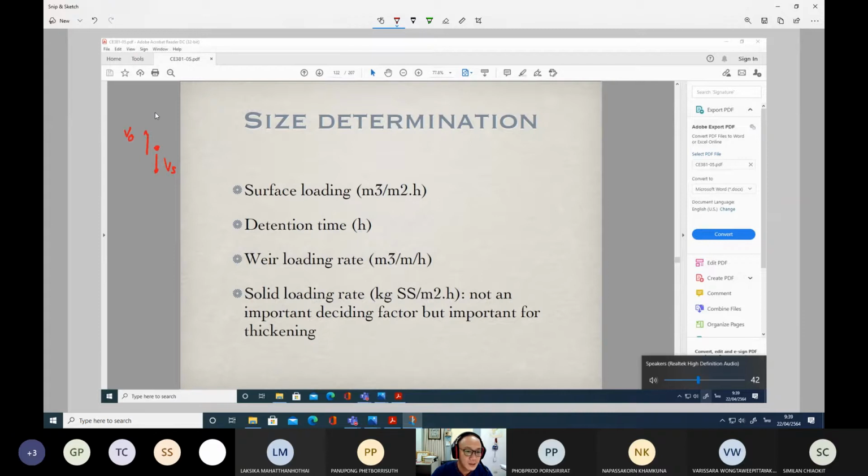For the optimum design, VO should be equal to Vs, so that the settling time will be equivalent to the detention time. So this is what we have been talking about so far, and also the major factors influencing the efficiency of settling removal.